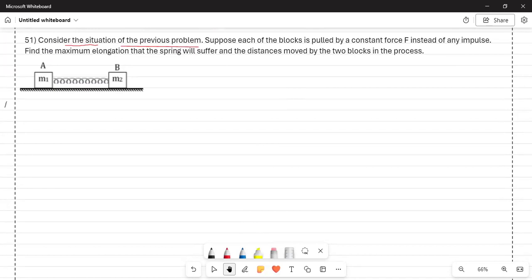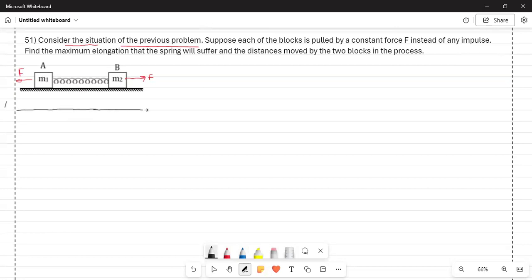By the problem, each of these blocks is given a constant force F. If it is given a constant force F, then obviously block M2 will come towards the right.